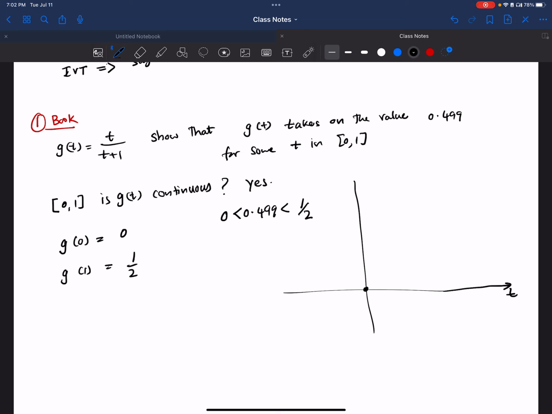And when t goes to infinity, it should go to 1. So it's something like that.